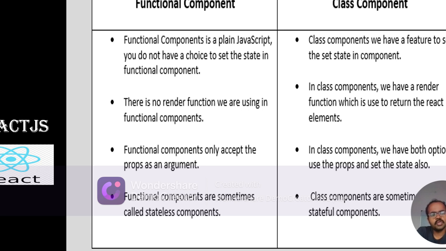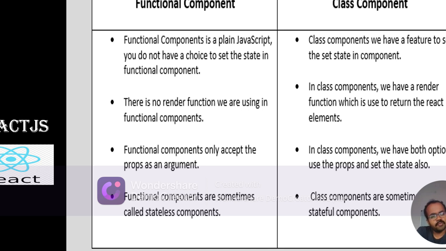What do props mean? Props are properties, and a functional component accepts only the properties. But in the class component, we have both state as well as props. That is why we can call it a stateful component.